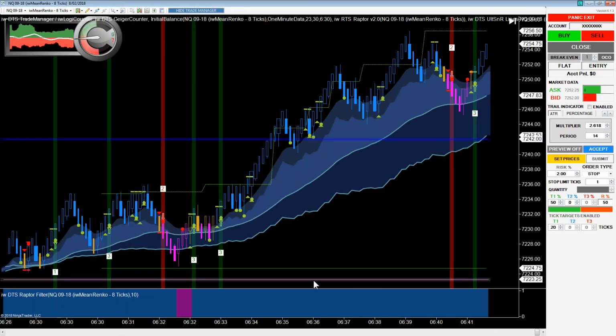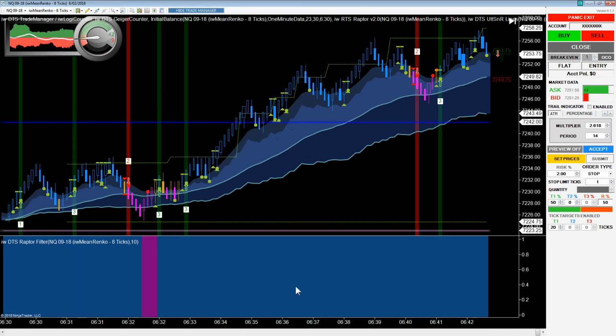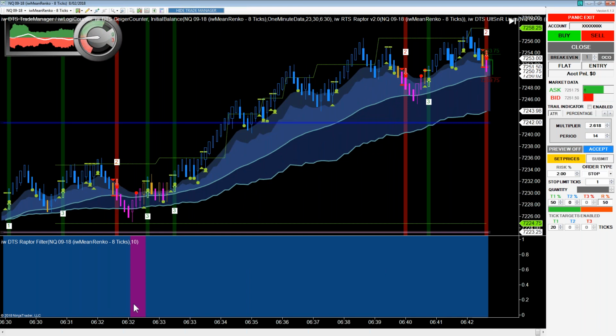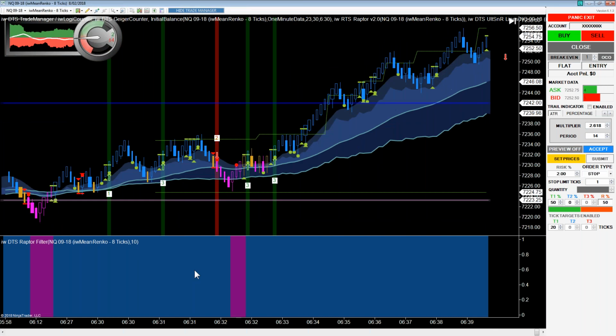The filter, I know I don't pay that much attention to the filter, but the filter itself is the whole Eagle Trend Trader programmed here into the filter. The primary purpose of the filter is to show you market bias and when it may be changing.